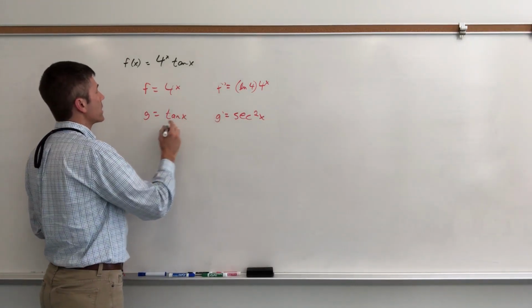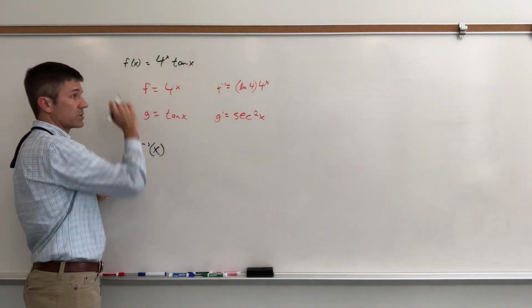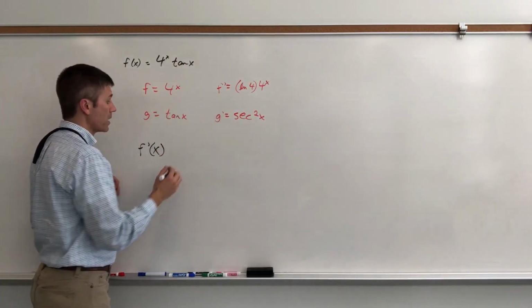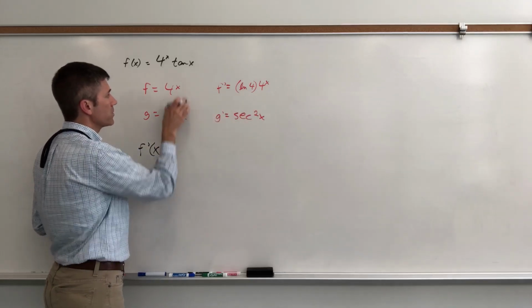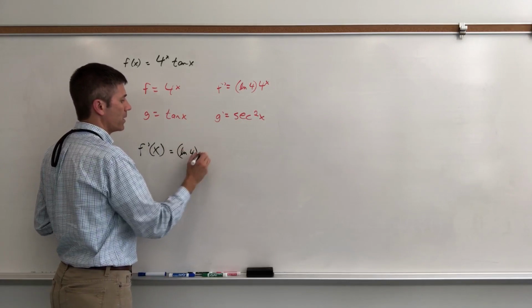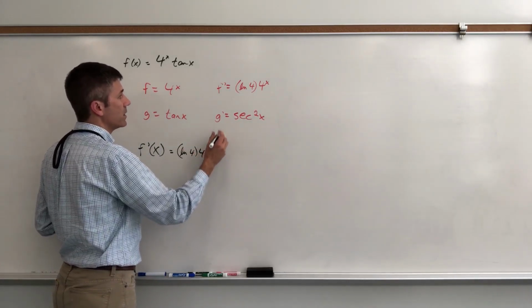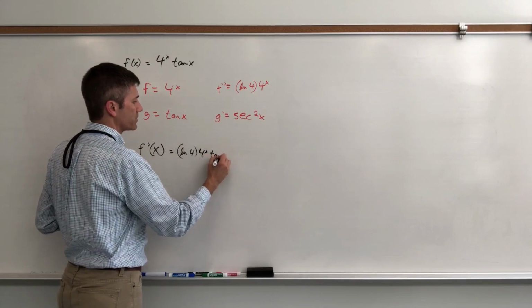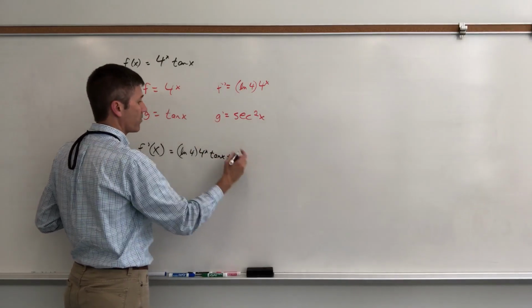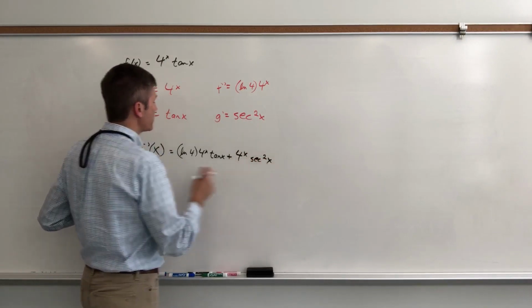Final answer will be f prime, and I mean f prime, original problem, not to be confused with that. So f prime g plus f g prime, so natural log of 4, there's your constant, your coefficient, 4 to the x times tangent of x plus f g prime. And this is totally correct.